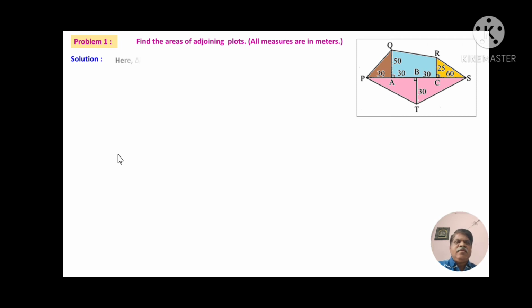So let us start. Here, triangle QAP, which is shown with brown color, and triangle RCS, shown with yellow color, are right angled, these two, and quadrilateral QACR is a trapezium, blue color. In triangle QAP, AP is 30 and QA is 50 meter.